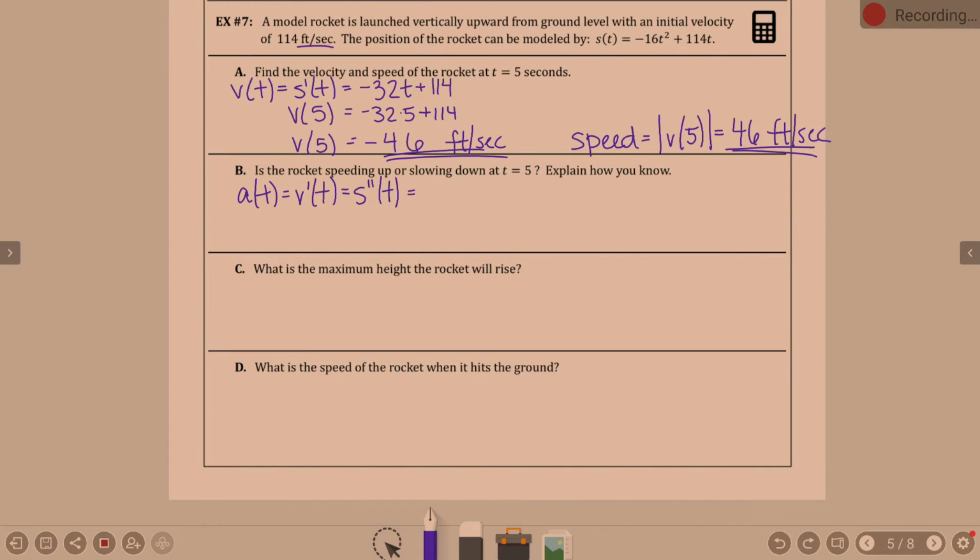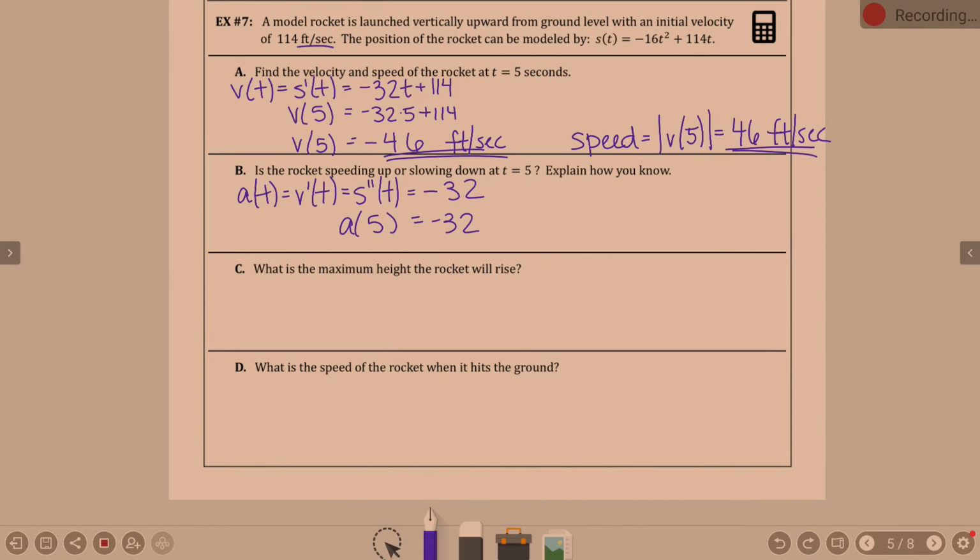And let's see. First derivative was negative 32t plus 114. What's second derivative? Negative 32. So what does that make the acceleration at 5? Negative 32. There's no place to plug t in, so your acceleration is just negative 32 everywhere. So, speeding up or slowing down?